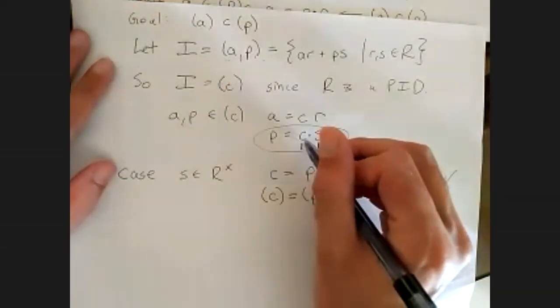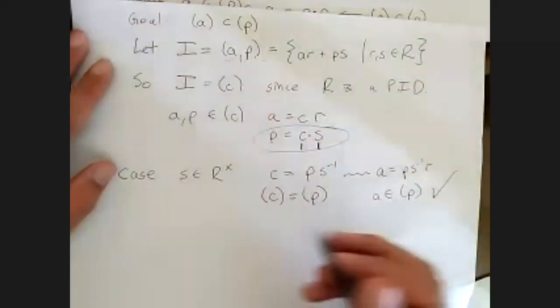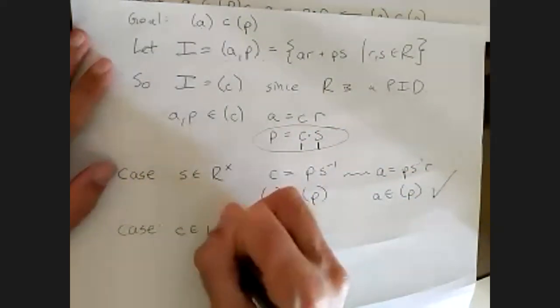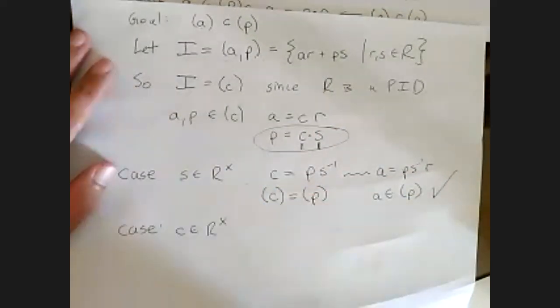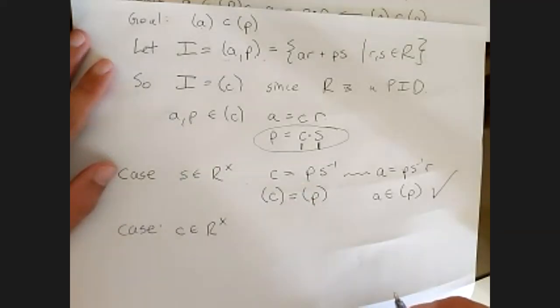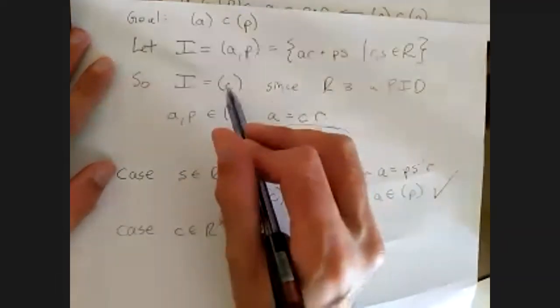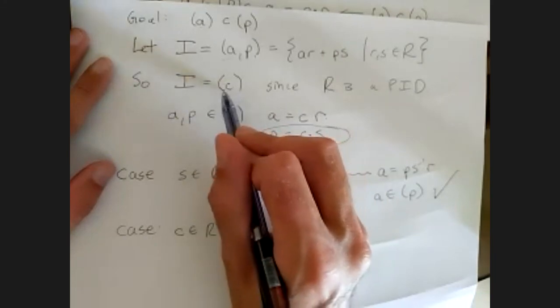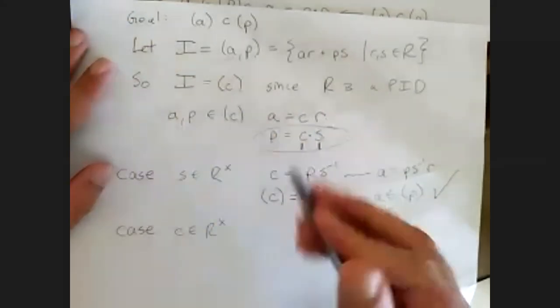What about if C is the one that's a unit? Well, what we're saying is that if C is a unit, the ideal generated by C has to be the entire ring.